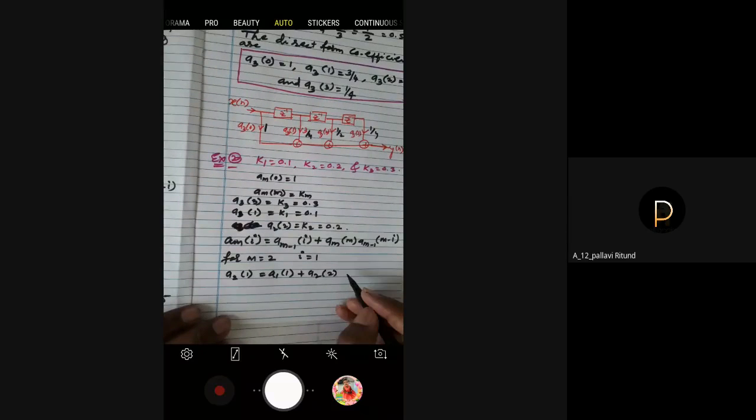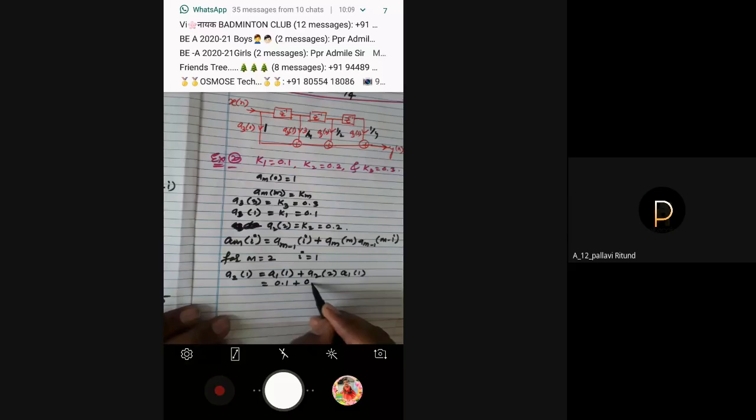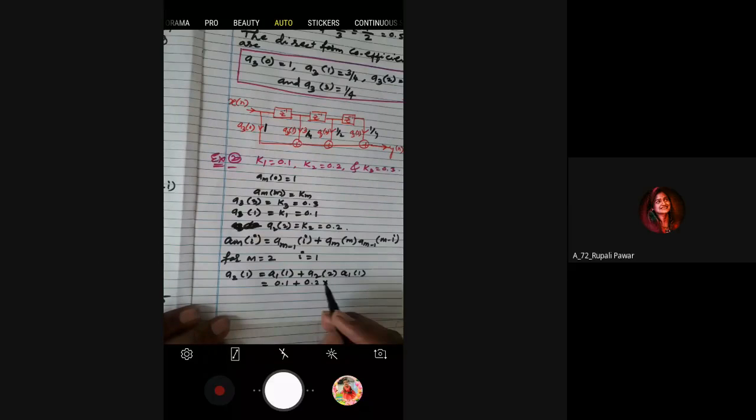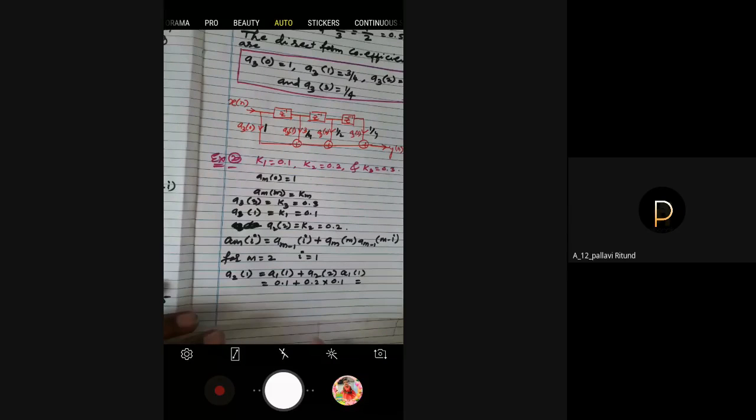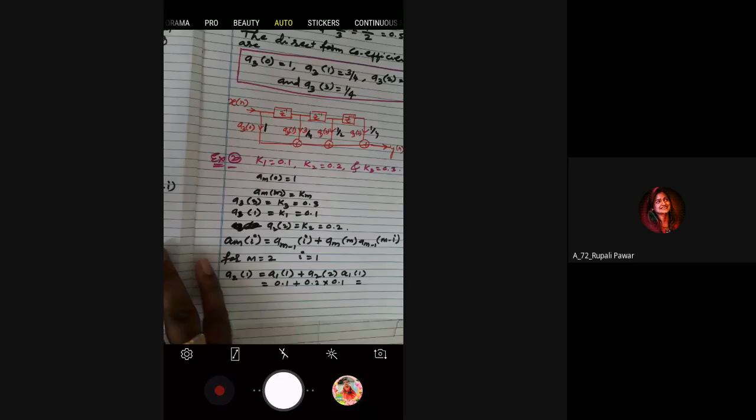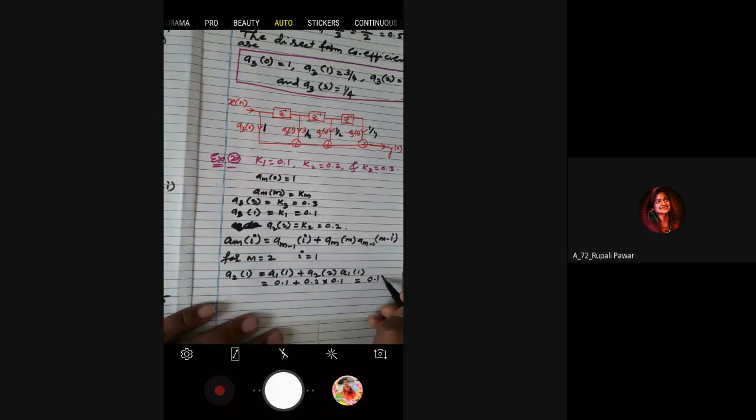The value of a1 of 1 is 0.1 plus a2 of 2 value is 0.2 into a1 of 1, which is 0.1. This is equal to 0.12. It is 0.12, correct?